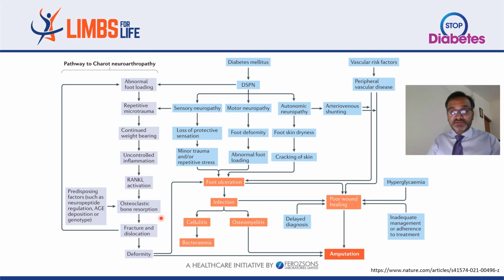All these factors will lead to fracture and dislocation within the joint, and it will lead to deformity. And once the deformity is there, it will definitely lead to amputation, right? So these are all the consequences of the distal symmetrical polyneuropathy associated with diabetes mellitus.